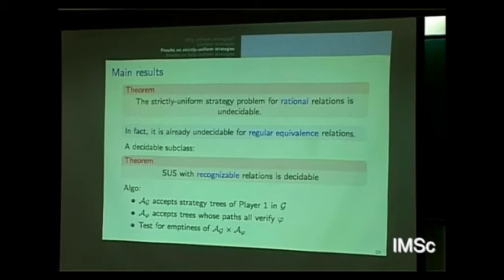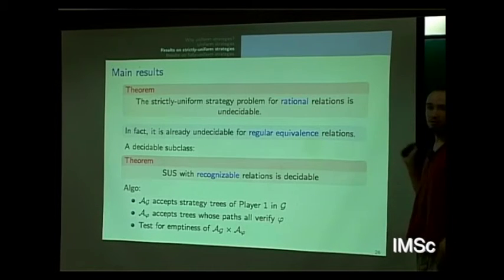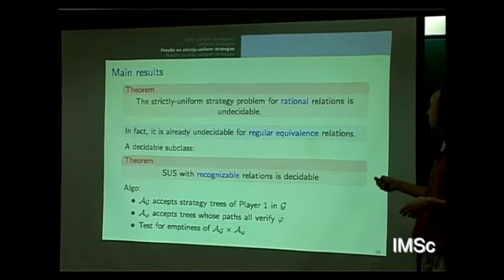If you allow for any rational relation, the problem is easily proved undecidable, because you can easily encode, for example, a distributed strategy problem in games with imperfect information. In fact, these relations are quite powerful.